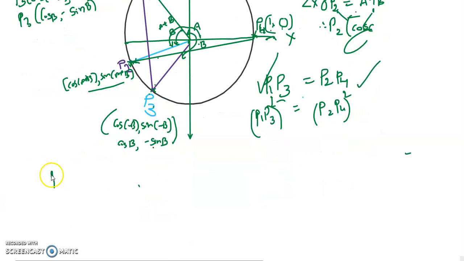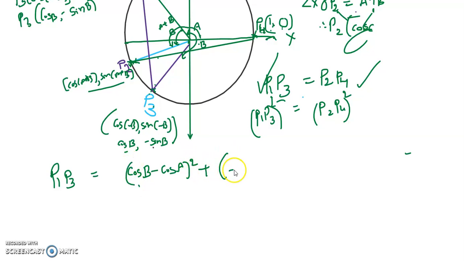What is P1P3? Since the coordinates of P1 are cos A, sin A, and P3 has cos B, minus sin B, I have to write x2 minus x1 whole square, cos B minus cos A the whole square, plus y2 minus y1, minus sin B minus sin A the whole square.